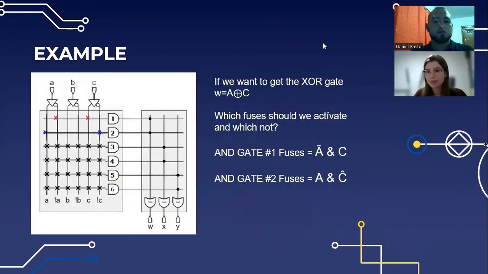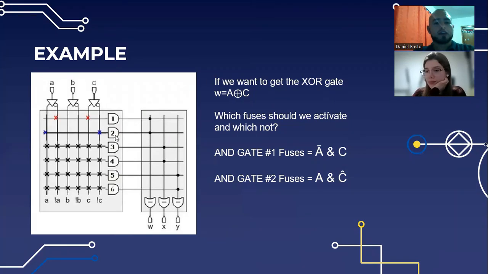In this last example, I will show you how to get this XOR gate, and which fuses should be activated and which not. In the case of gate number 1, the fuses not A and C have to be activated.